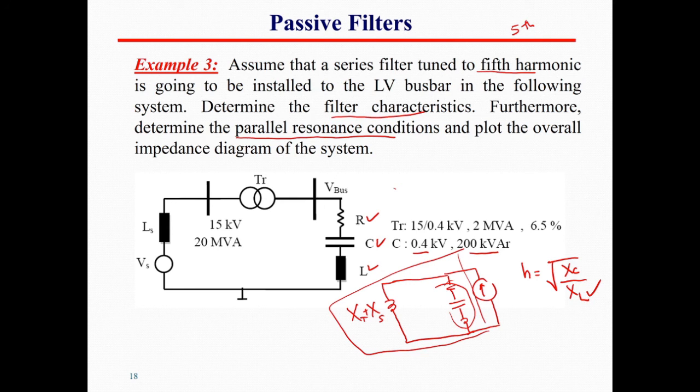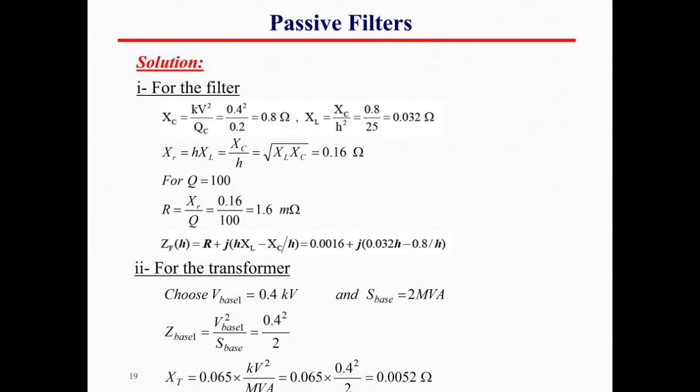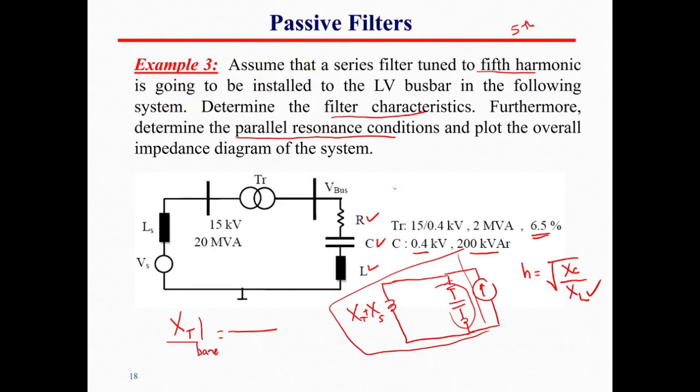We can calculate the impedance of the transformer. The per unit value is given. Then we can calculate the X for the transformer base. Let us find the base value. The base value will be equal to V square, which is 0.4 squared, divided by S base, which is 2. So that will give us X base or Z base. We multiply that one by the per unit, and that will give us X for the transformer.